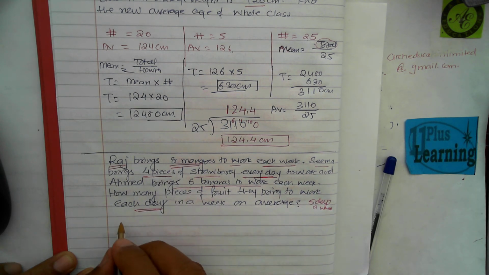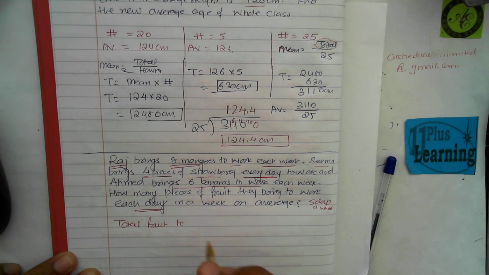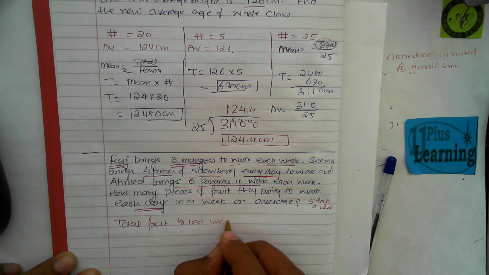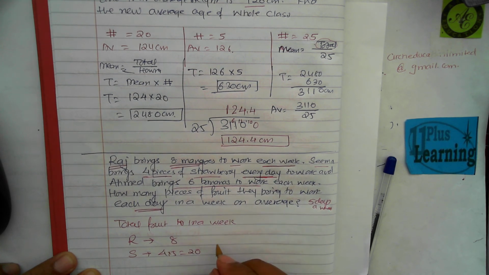Okay guys, let's find out the total fruit they bring to work in a week. Raj brings 8, Seema brings 4 times 5, 20, and Ahmed brings 6.